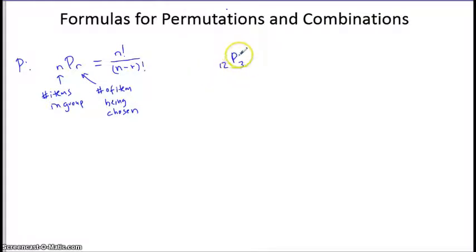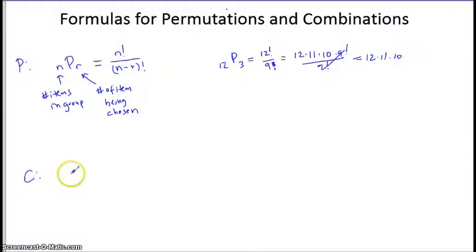P is a permutation where order is important, and we could have solved that quickly by writing 12 factorial divided by 9 factorial, where 9 is 12 minus 3. And like the problems we worked today in class, that's equal to 12 times 11 times 10 times 9 factorial over 9 factorial. Those cancel, and you get 12 times 11 times 10.